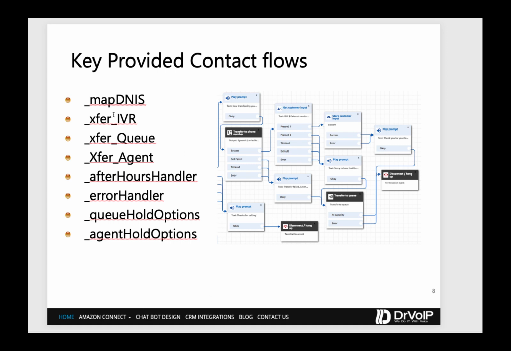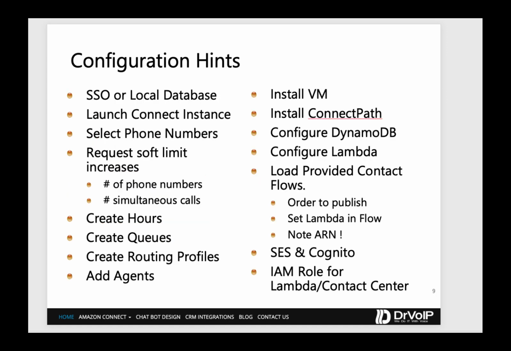The ones that we're providing include the main one, which is this map DNIS, which we'll explain, transfer to IVR, transfer to queue, transfer to agent, an after-hours call handler, an error handler, queue hold options, and agent hold options. These are contact flows that we're going to dynamically reconfigure, and that's the whole purpose of this tutorial, and all of this content is being made available on the website.